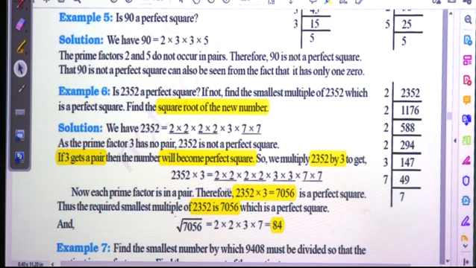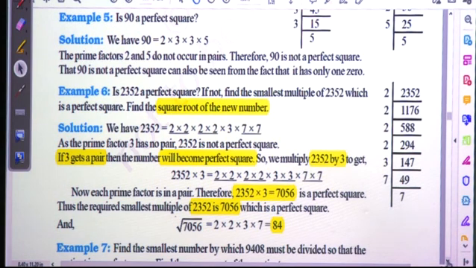Taking each value once from the pairs, 2 into 2 into 3 into 7, it goes to 84. Therefore, 84 squared is 7056, or the square root of 7056 is equal to 84.